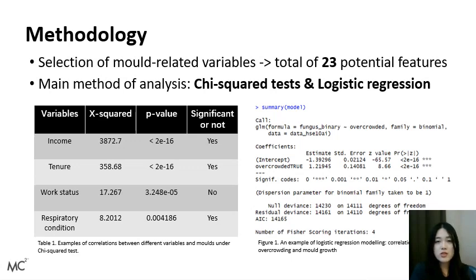Chi-square tests are used to test relationships between categorical variables such as heating method and mold presence. Logistic regression is applied to assess how different variables such as overcrowding and income collectively impact the likelihood of mold growth. These are two examples of the main methods.